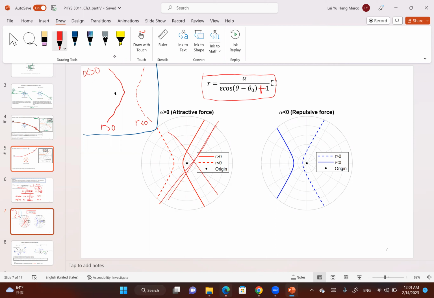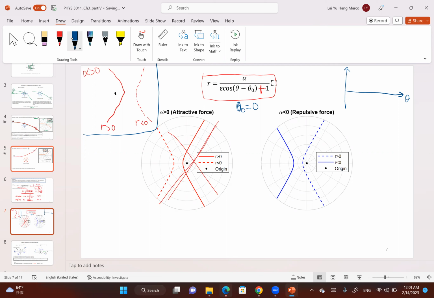So I can draw a picture for the factor in the denominator. In these two pictures, just for simplicity, take theta naught.